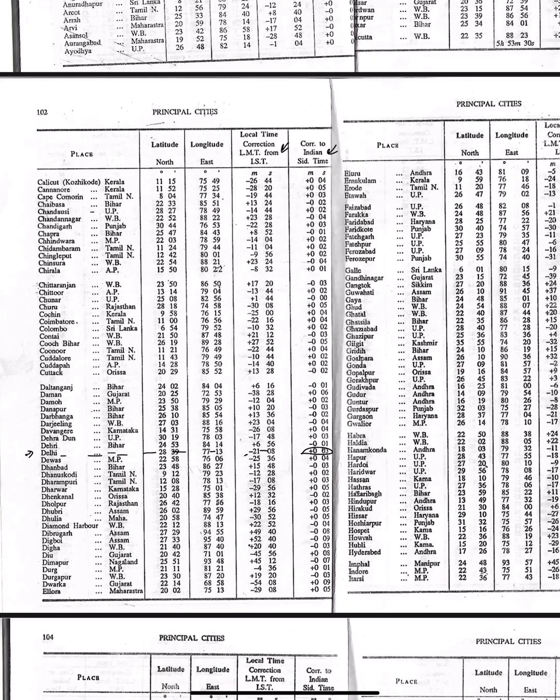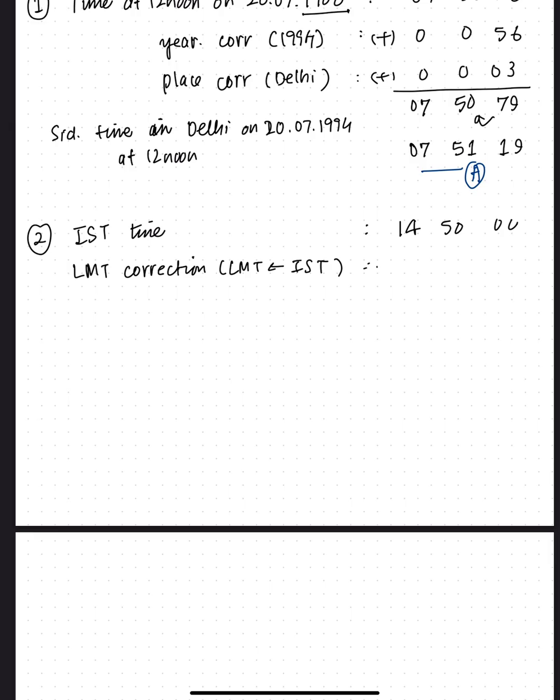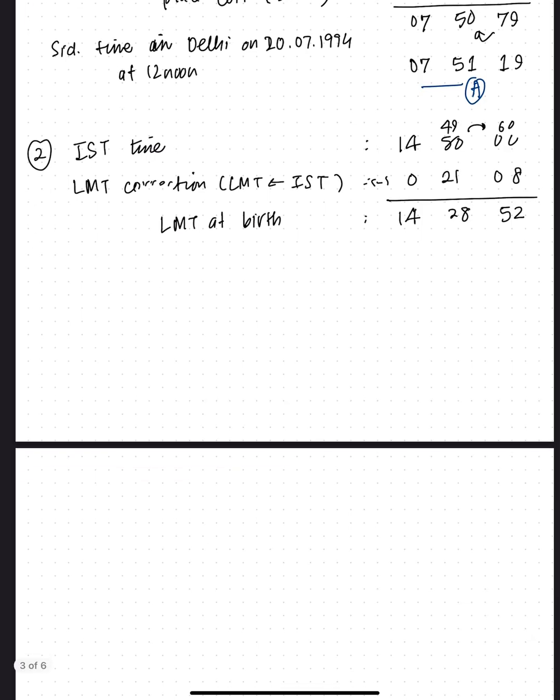Always remember to see the signs. So minus 0 hours 21 minutes 08 seconds. We can just take 60 seconds and make this 49, so 14 hours 28 minutes and 52 seconds. What is this? This is the LMT at birth. Both were in Delhi on 20th July 1994.